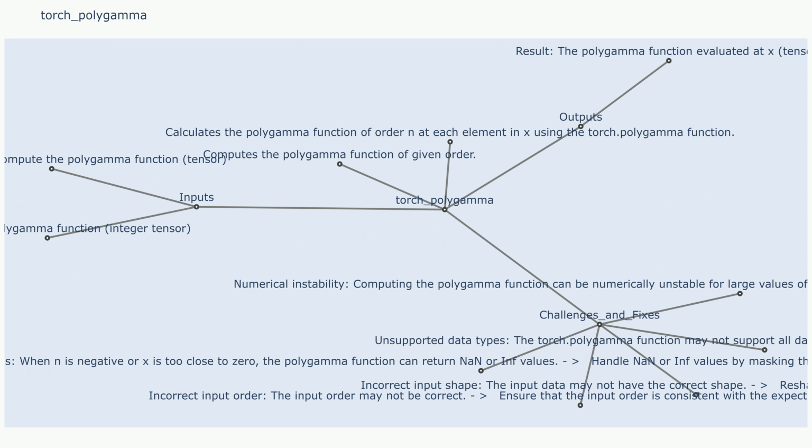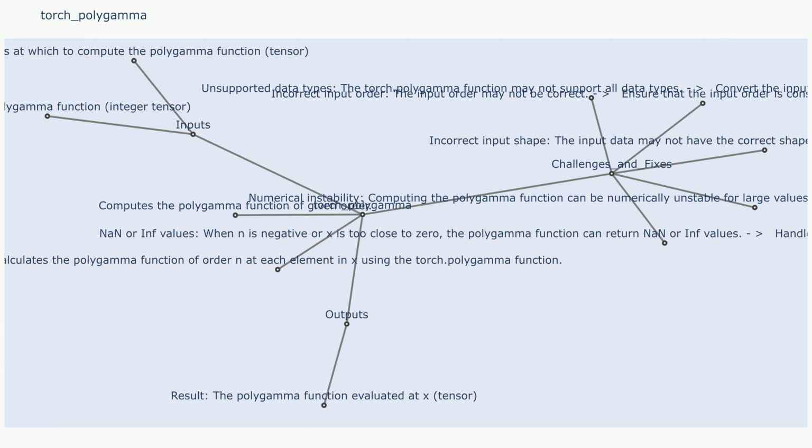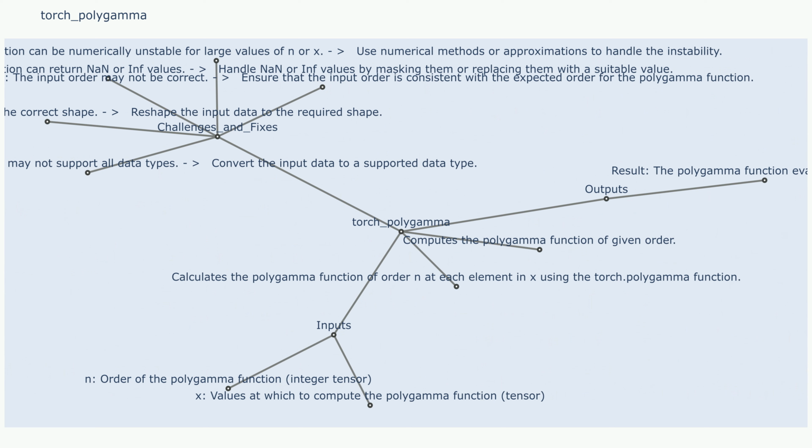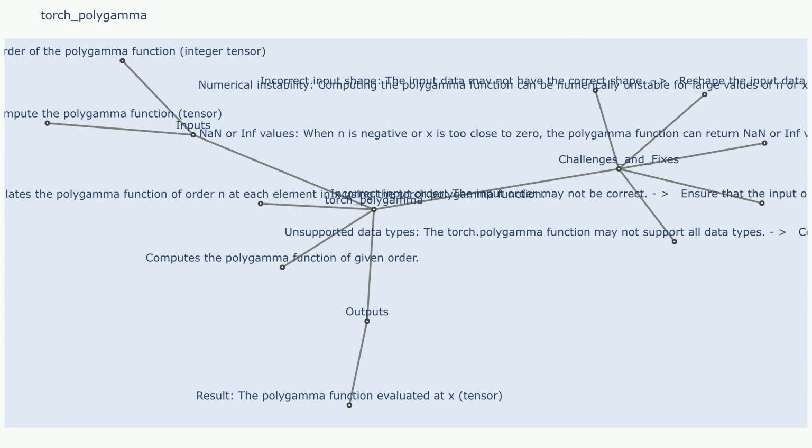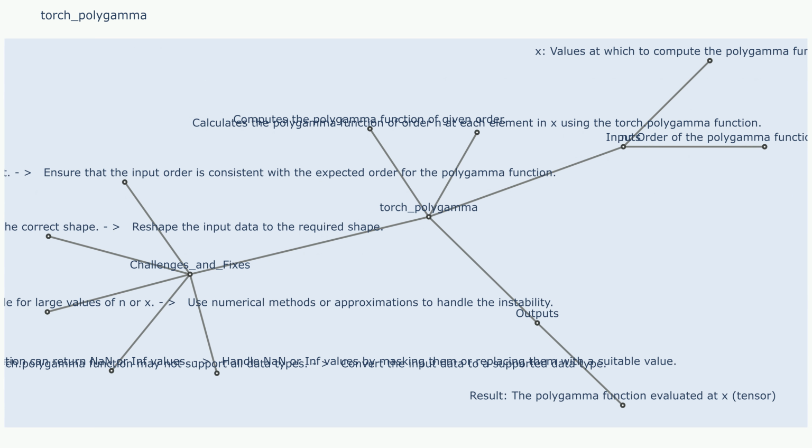Finally, it returns a tensor containing the computed values of the polygamma function at the corresponding elements of x. Challenges and fixes. Challenge 1: input values of n less than 0 are not allowed. Sample use case that resulted in challenge 1: torch.polygamma(-1, 1.5). Fixes to challenge 1: the input n must be a non-negative integer.